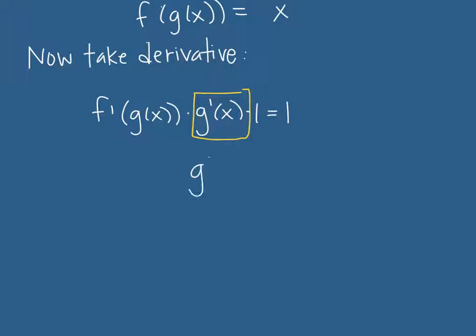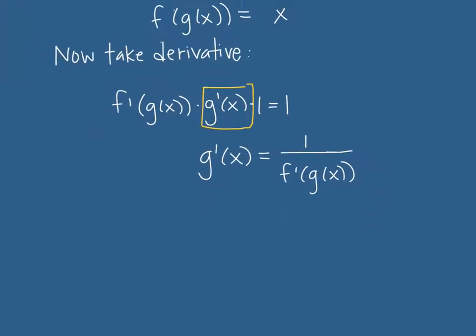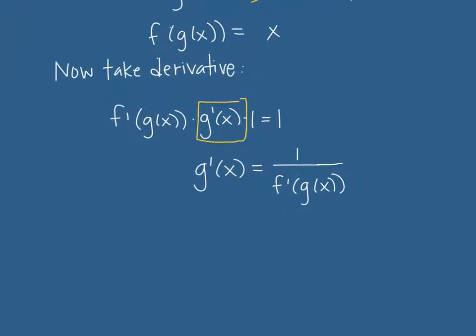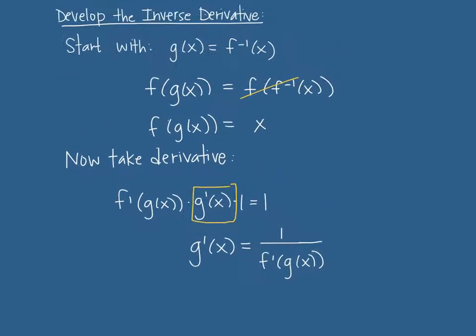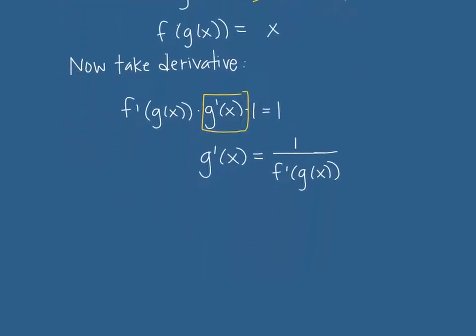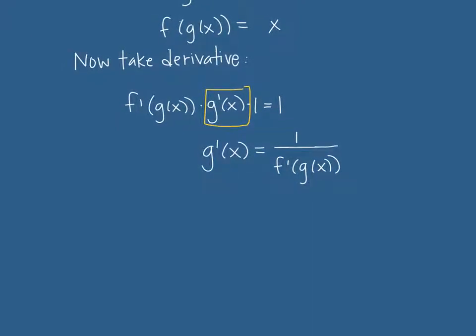Okay, so g prime of x is 1 over f prime of g of x. And what was g originally? G was the inverse. And so if I've now found the derivative of g, I have now found the derivative of the inverse.